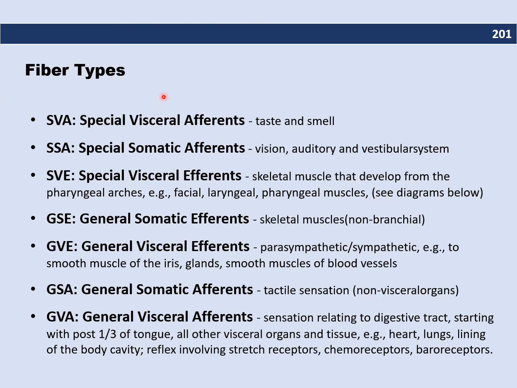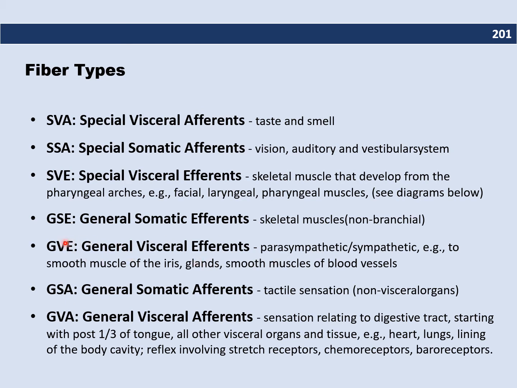Now, I think that Dr. Barlow discussed with you already some fiber types, and I just want to take a moment to remind you of those here. The sympathetics and parasympathetics that we just talked about were GVE fibers, general visceral efferent fibers, and they're going to the smooth muscles of the iris, glands, those kinds of things.